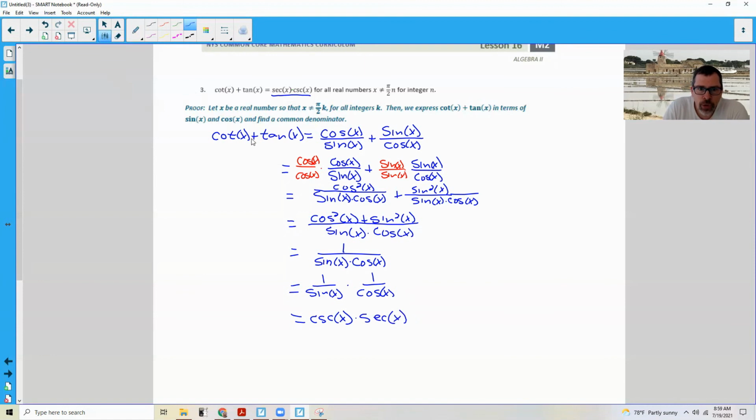So we get cotangent x plus tan x equals cosecant x times secant x. And that's what we have here. They're in opposite order, but multiplication is commutative. And therefore, cotangent x plus tan x does equal this for all real numbers x such that x does not equal multiples of pi over 2.